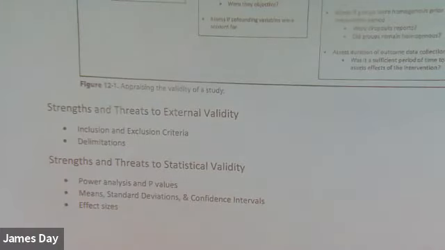However, this study does have one glaring threat to external validity, and that is the extreme homogenic population they studied. Right? These are, the standard deviation. So most of them are 18 to 28-year-old individuals.